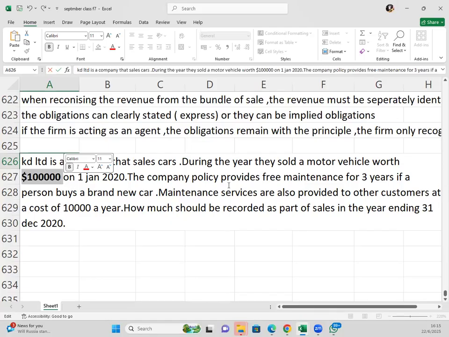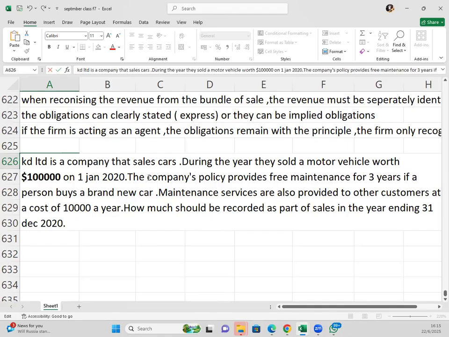The company's policy provides free maintenance. The company's policy. So there is an obligation. And this one, even though we have not stated it in the contract, it can be an implied obligation.